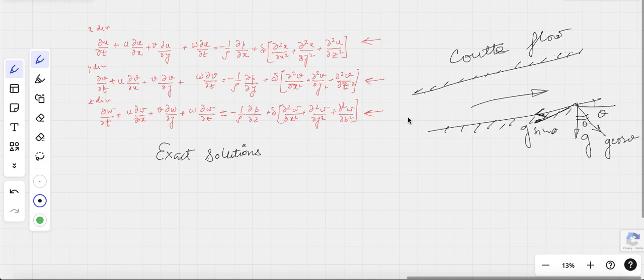Also, if this is theta and this is the distance, let's say d, this is the elevation, let's say h. This is, let's say, L, in the x direction; we'll take this as the x direction.